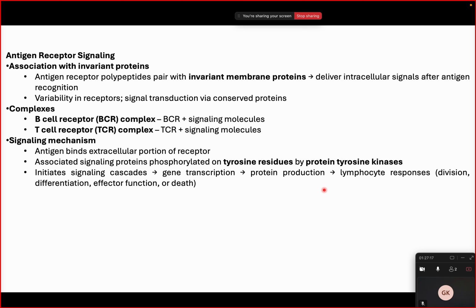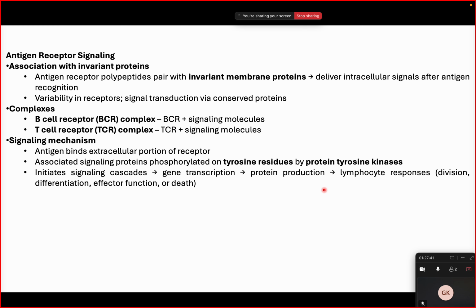Okay. Now, if we talk about the signaling, because the receptor is there, something is bound, something is identified. Now, what happens downstream of it? That we're gonna see. So, the association with invariant proteins. Antigen receptor polypeptides pair with invariant membrane proteins.